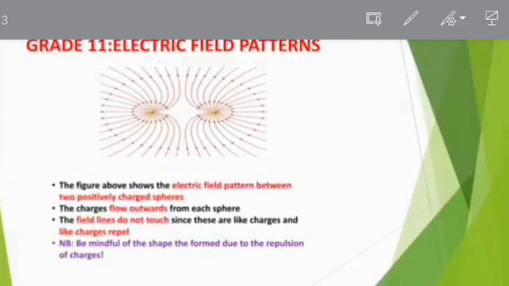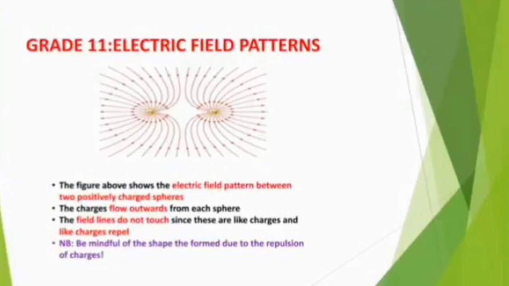Then the field lines do not touch, since these are like charges and like charges repel. So also be mindful of the shape they form due to the repulsion of charges, right? So you can see that they never touch here. They never touch. They form something like an asymptote.